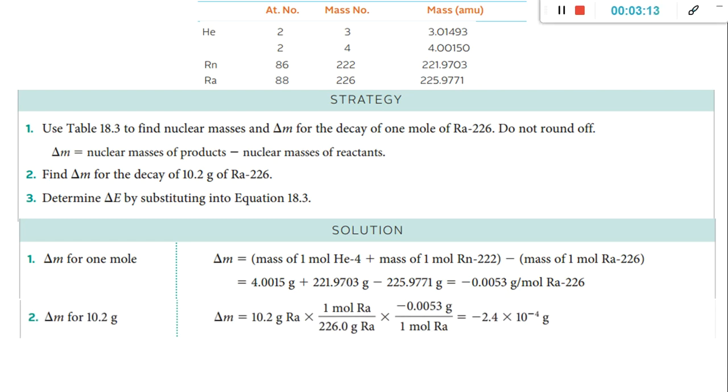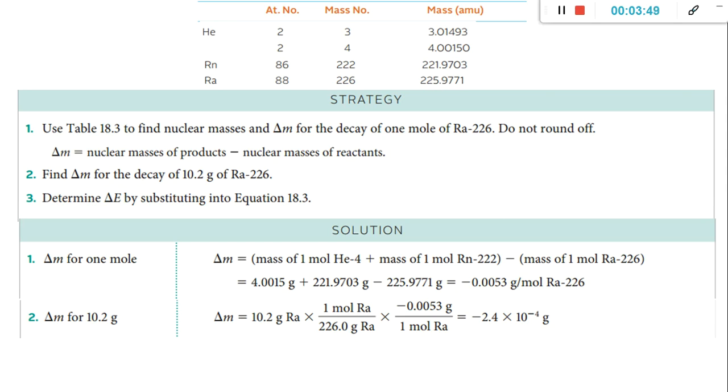We also have a given mass of radium, so we need to convert. We have 10.2 grams of radium multiplied by, in 1 mole of radium, 226 grams of radium, multiplied by the delta m for 1 mole from the nuclear reaction.